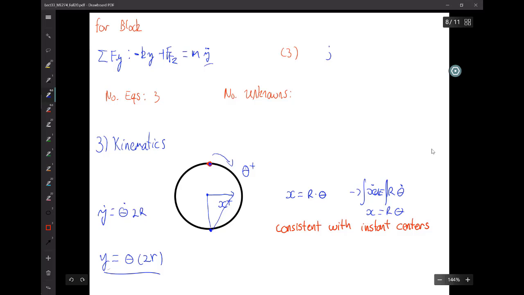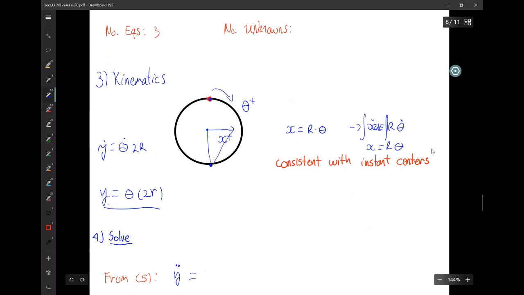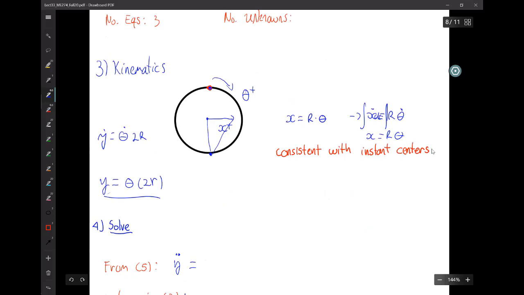And this gives us what y is. From this, we can get that y double dot is equal to 2x double dot. And we have our fifth equation, and our fourth equation was this.